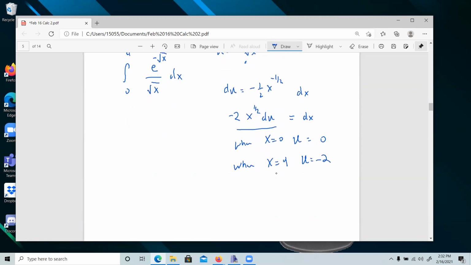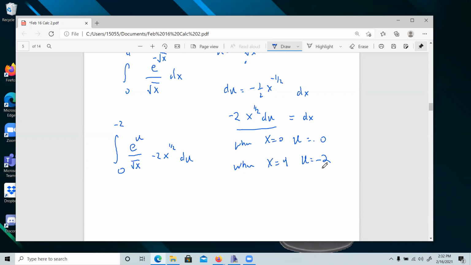All right, so let's change our integral. When x was 0, u was 0. When x was 4, u was negative 2. And then here we have an e to the u, and a square root of x down here. And what was my dx? We're just going to substitute: it's negative 2 x to the 1/2 du.